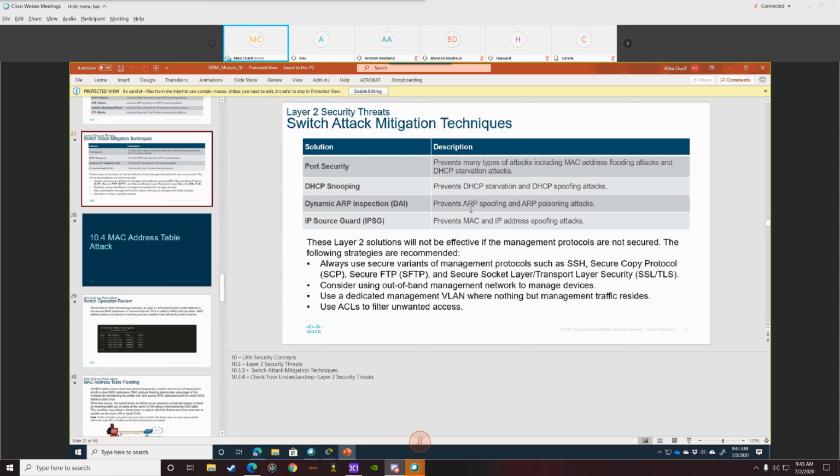And like we talked about earlier, you can do DHCP snooping. I don't know why they came up with the name snooping, to prevent spoofing. And that's what I say: it prevents DHCP starvation and DHCP spoofing attacks.